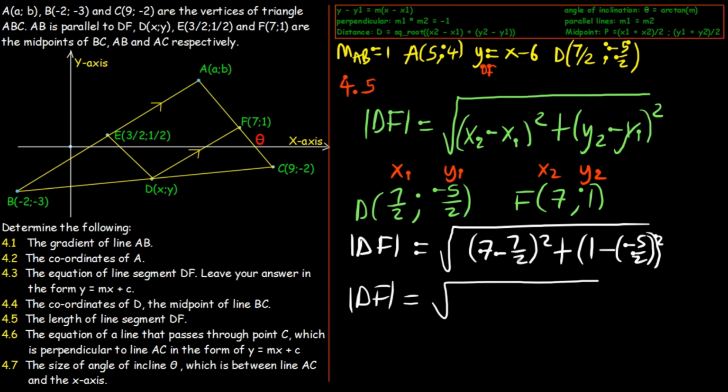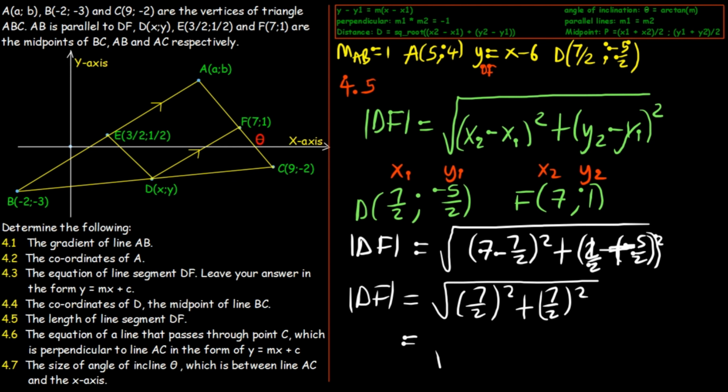So 7 over 2 is the same as 3,5. So 7 minus 3,5 just gives us 3,5, or we can say 7 over 2, and square it, and plus. So minus and minus just leave us with the plus, and 1 is the same as 2 over 2. And 2 plus 5, we can just get 7 over 2 as well, and then we square it.